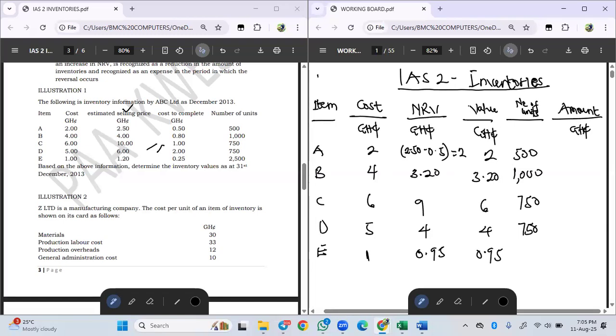So let's multiply the value here. This column, let's multiply by the respective number of units. Okay, so please kindly do the calculations for me. Perfect. At the end of the day, we have to add everything.